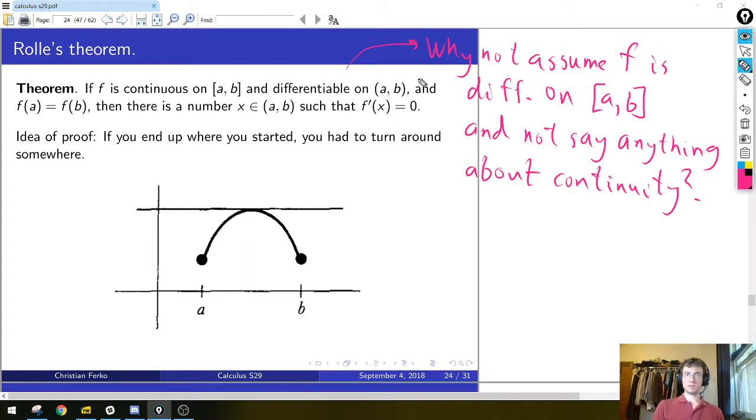So it seems verbose, like we're saying a lot more words than necessary to say it's continuous on this thing and differentiable on this thing. Why wouldn't we just say it's differentiable on the closed interval a to b to shorten the statement of the proof?